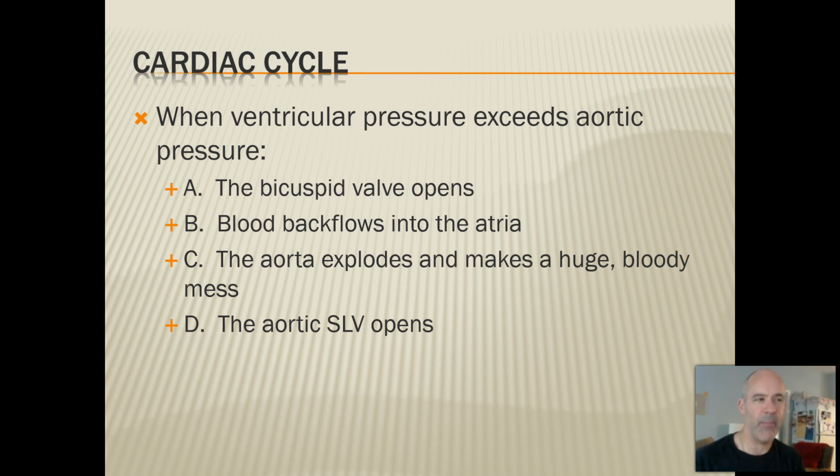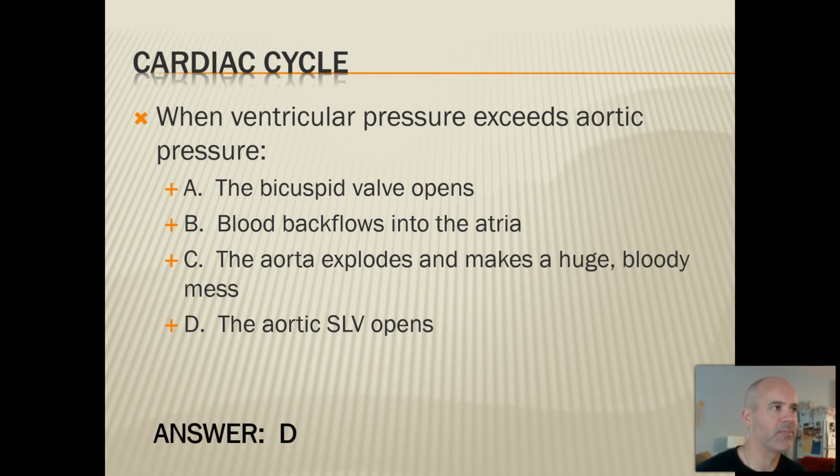So to get that blood to flow from the left ventricle up into the aorta, how are you going to get that valve to open up? In order for that to happen, pressure in the left ventricle's got to be higher than it is up in the aorta. And so once that happens, the aortic semilunar valve is going to open. So hopefully you were thinking D on that one.